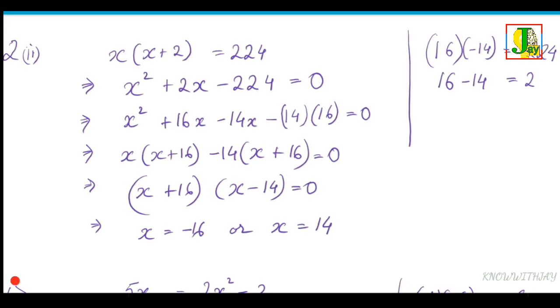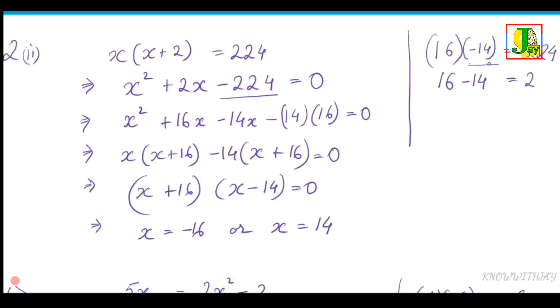This is how we solve it. We split the middle term. Since the last term, or the constant term, is negative, one number out of the factors has to be a negative.